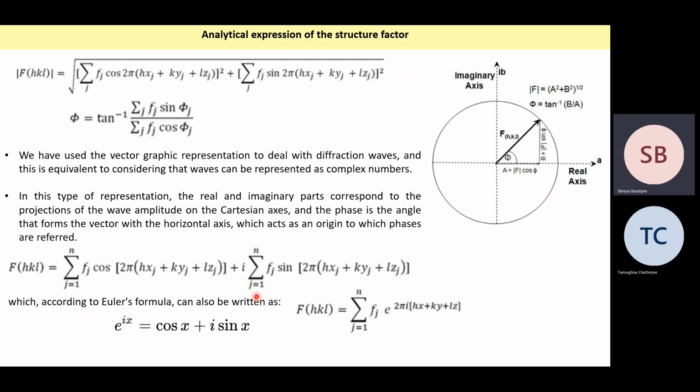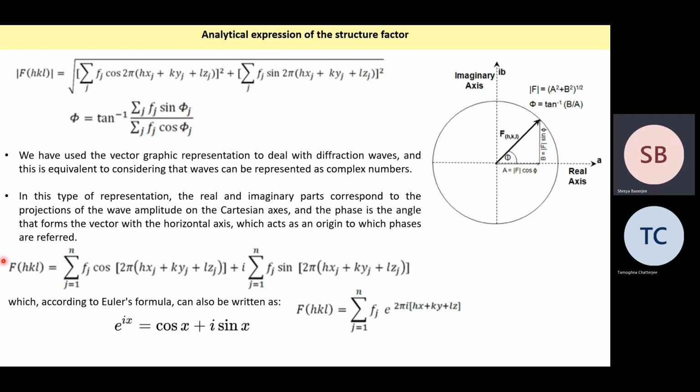Now, Euler's formula states that e to the power ix can be defined as cos x plus i sin x.